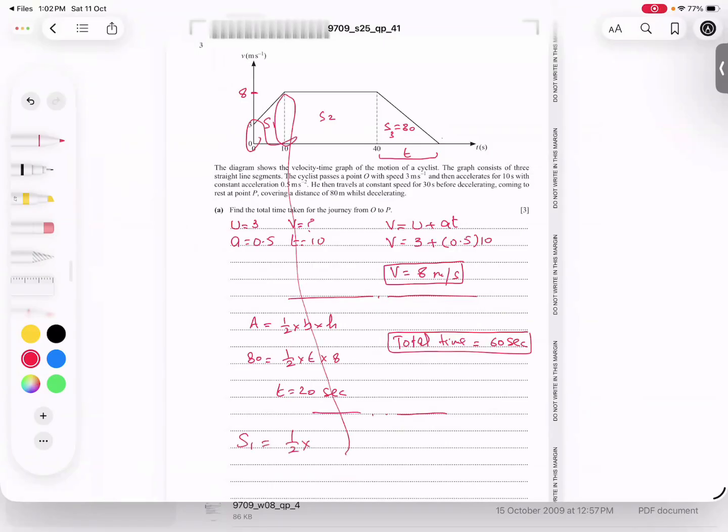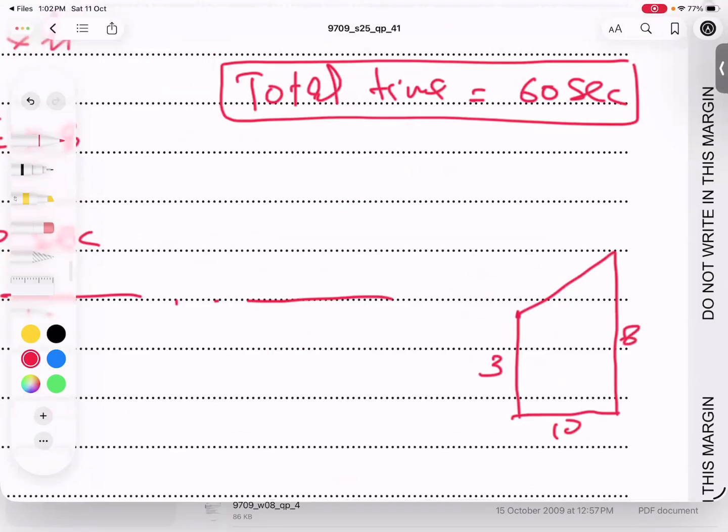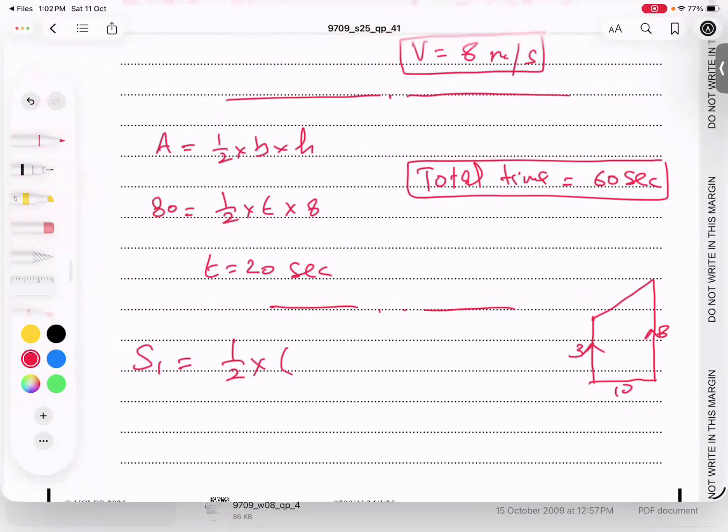This is a parallel side, and you can see whenever there are two parallel sides, this is 3, this is 8, and this is 10. So the trapezium formula, half into a plus b into h, and we got 5, and this is 55. We got 55 meters. Done.